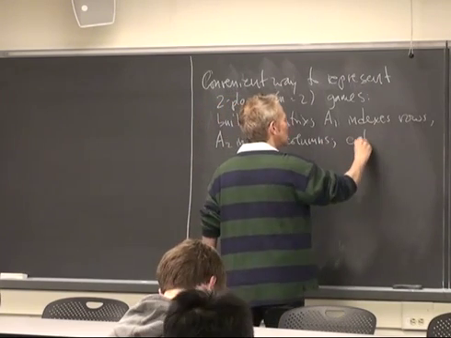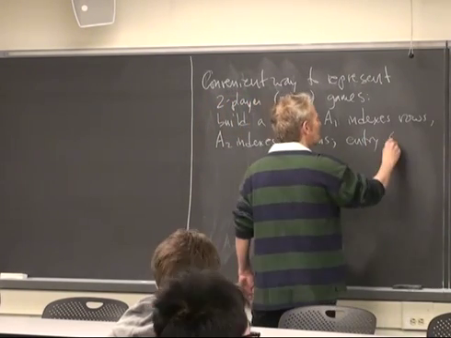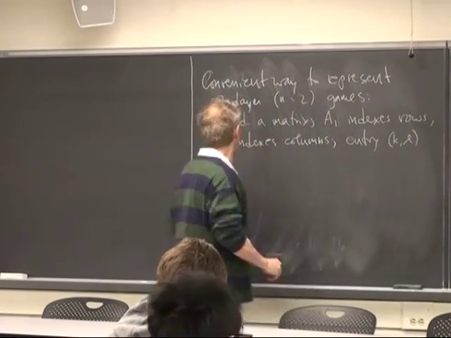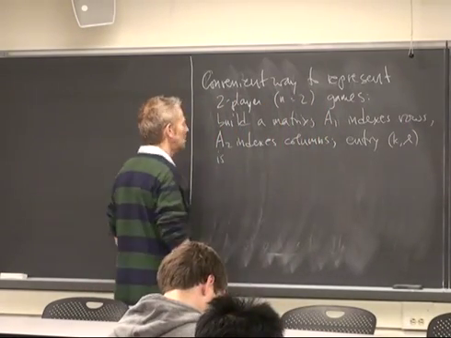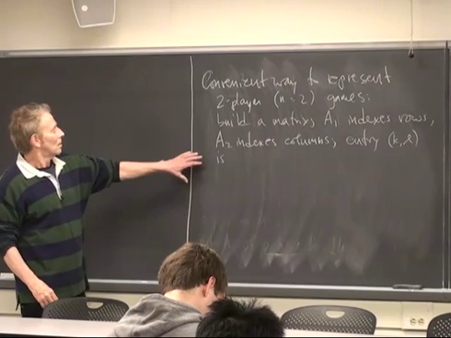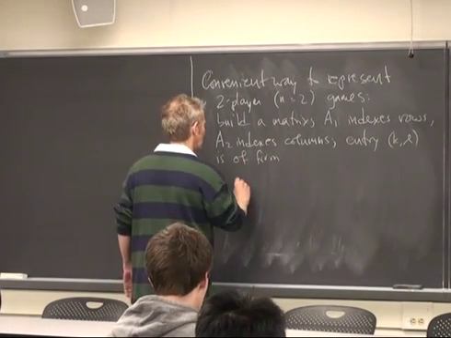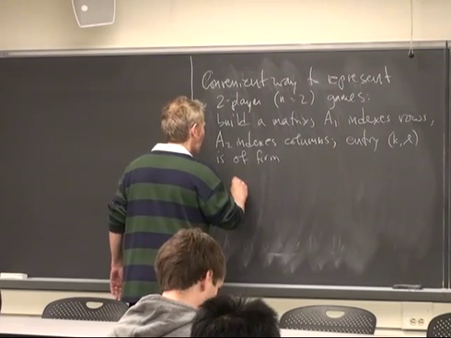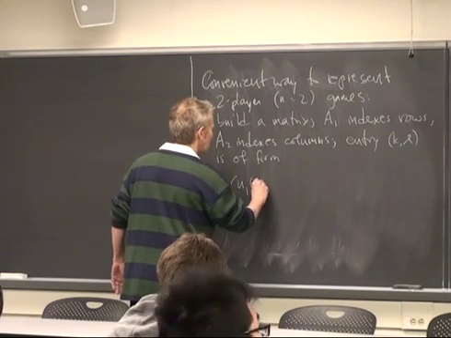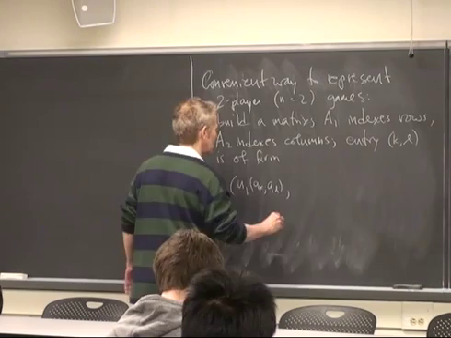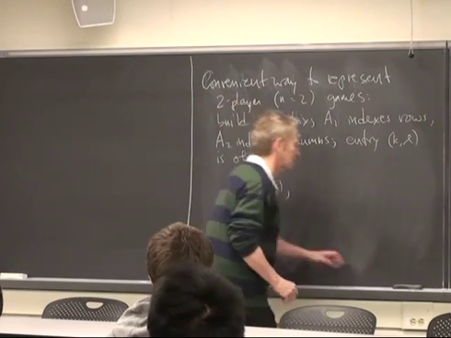And entry KL is the payoff of the form U1 of AK, AL. And I don't know how to write this.